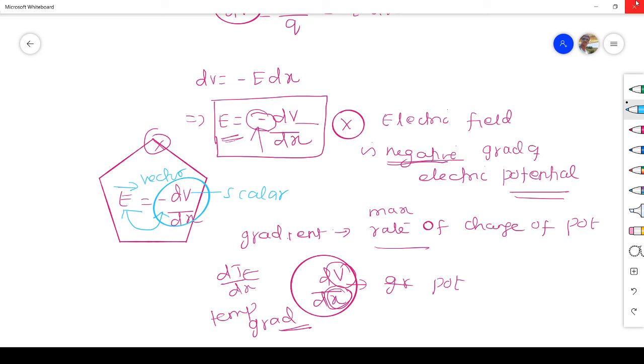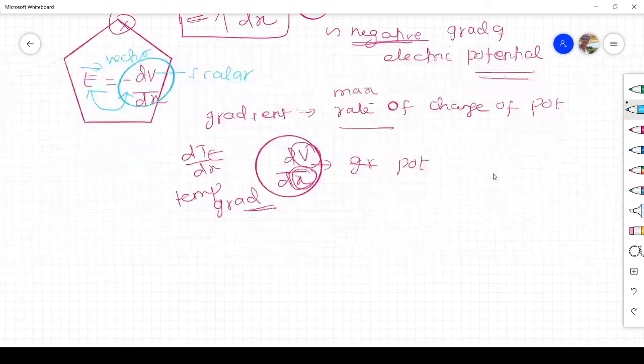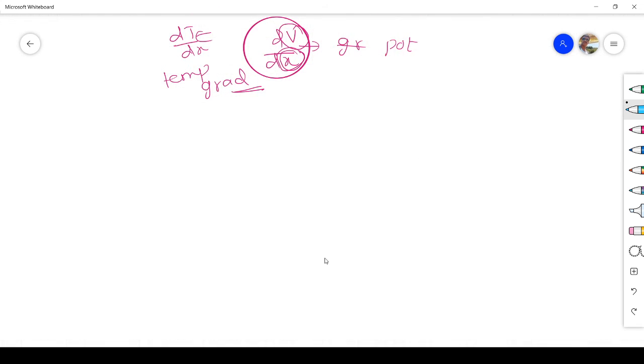Clear? Suppose this is for the one dimensional x direction only, but in real time we have x, y, z directions. So for 3 dimensions, E is equal to minus dV by dx i. Let us assume x direction. Electric field is a vector, right? How is potential changing in the x direction? dV by dy: how is potential changing in the y direction?